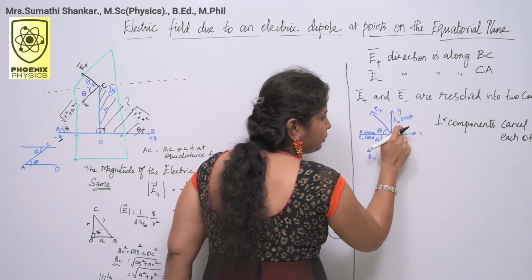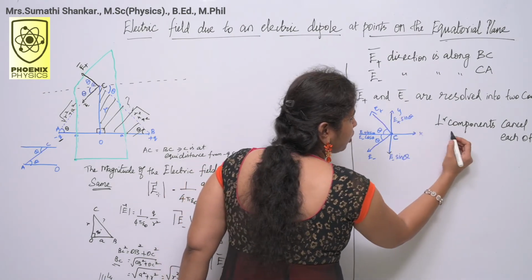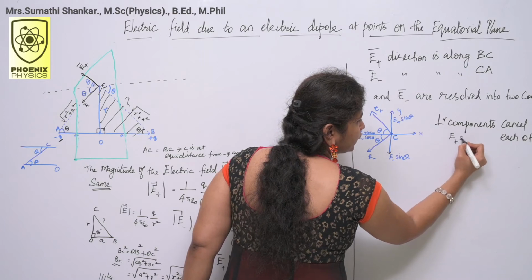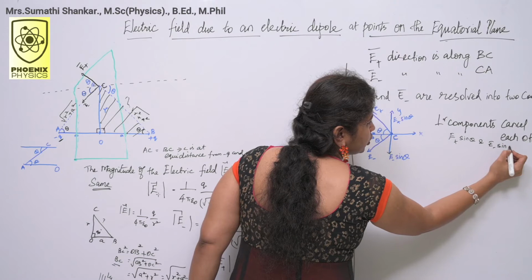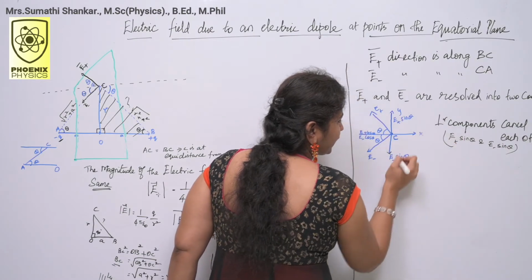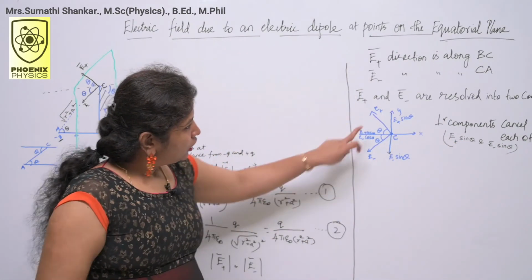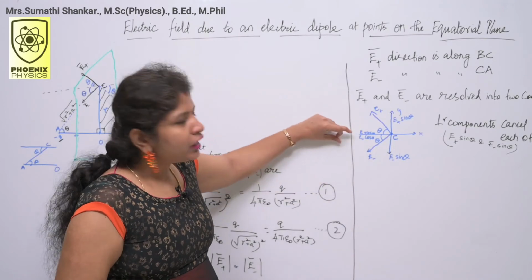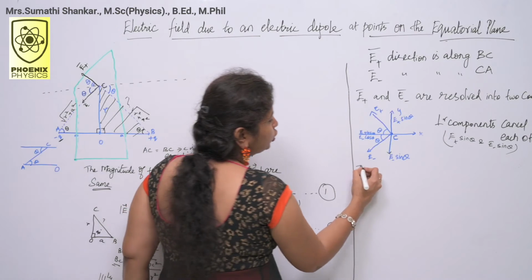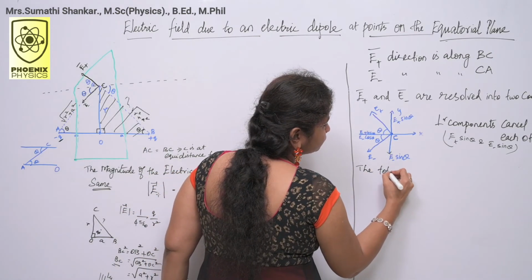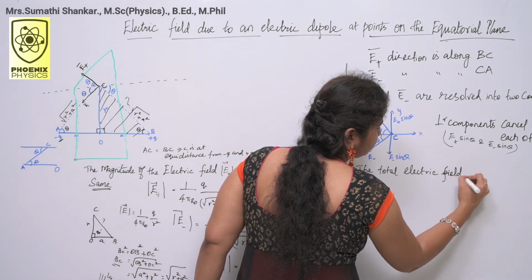So the perpendicular components, meaning the E plus sin theta and E minus sin theta components, cancel each other. We have only the horizontal component alone. Then how do you find the total electric field at point C?